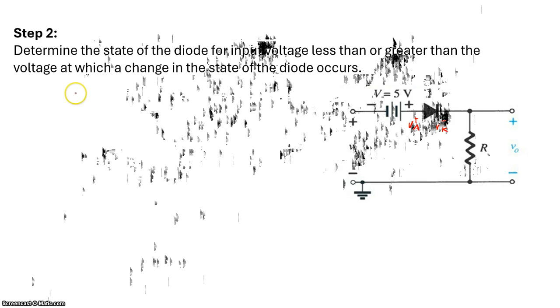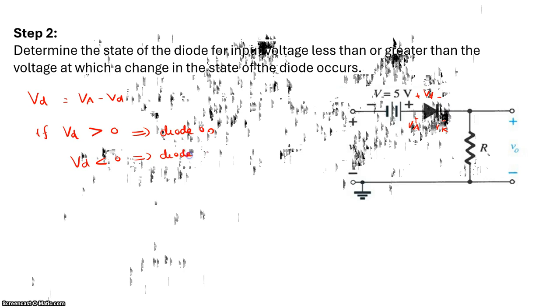So the voltage across this diode, VD, is equal to VA minus VK. Correct? Now as your diode's orientation is like this, positive is this side, so when VD is greater than 0, the diode should be on, and when VD is less than 0, your diode should be off.